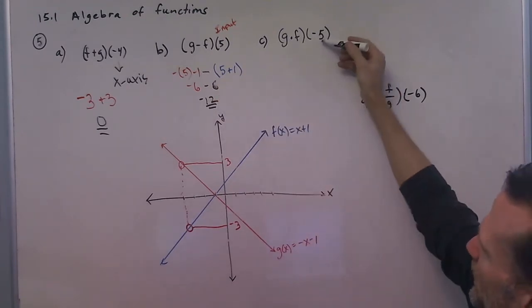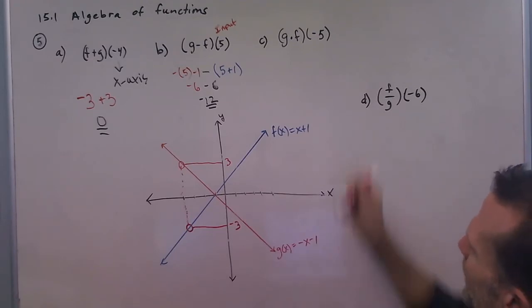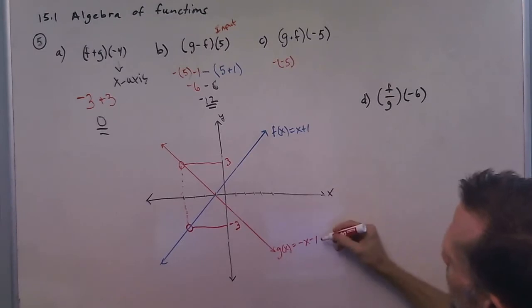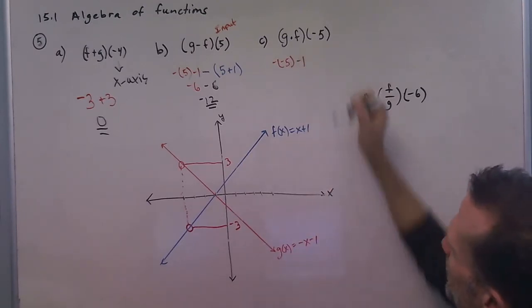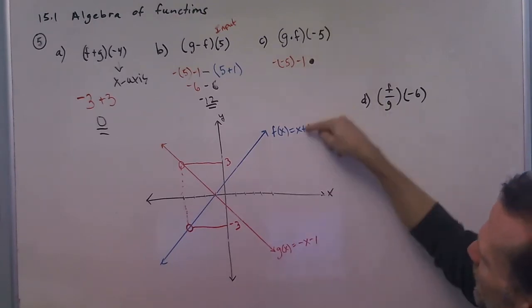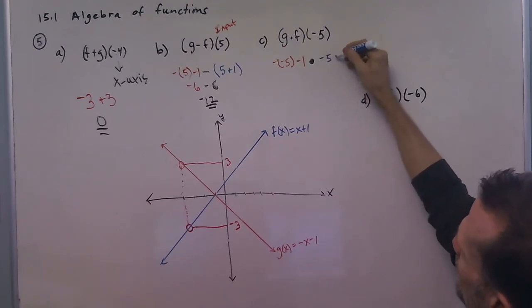And then inputting -5 into the g function, I get -5 minus 1. And then I'm going to take that times, remember the times, and I'm going to put -5 into this function. I have -5 plus 1.